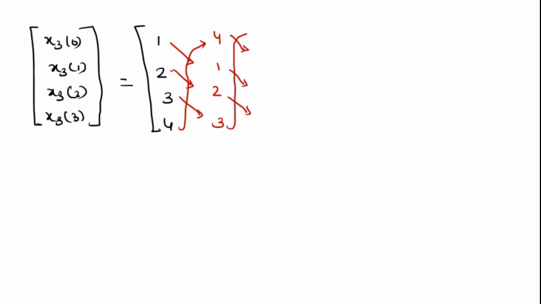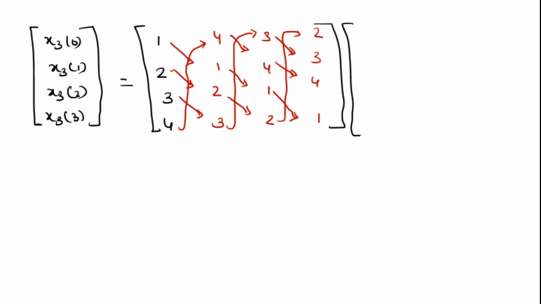This will go to next value. That means 3, 4, 1, 2. This will go to next value. We have to shift the signal. 2, 3, 4, 1. That should be multiplied with 2, 1, 2, 1.